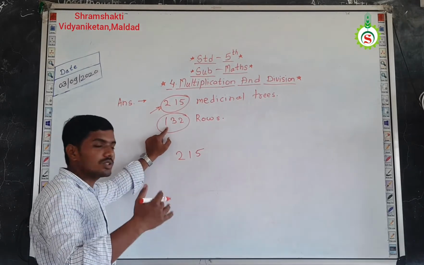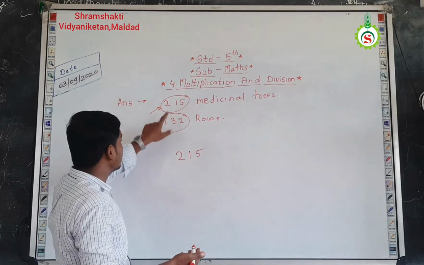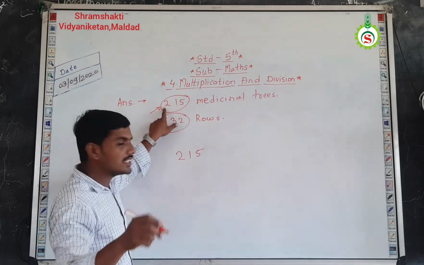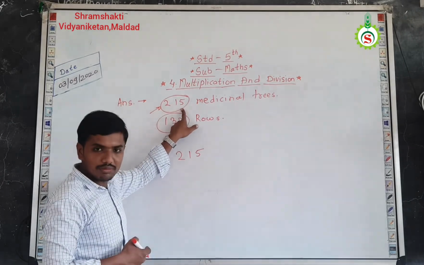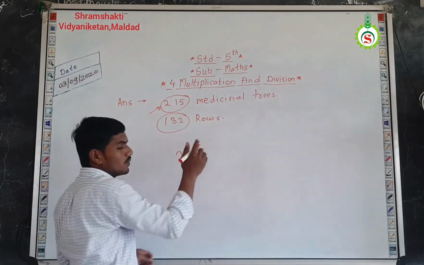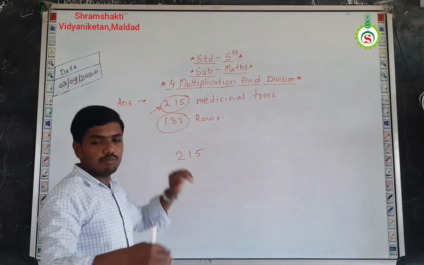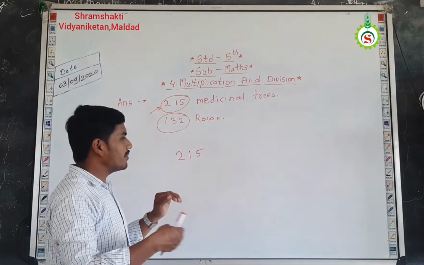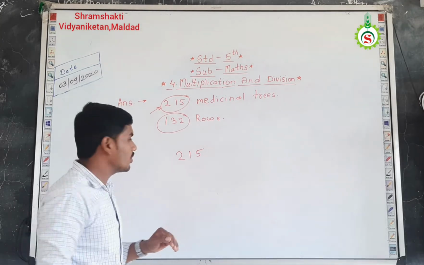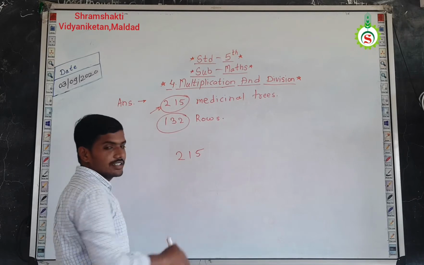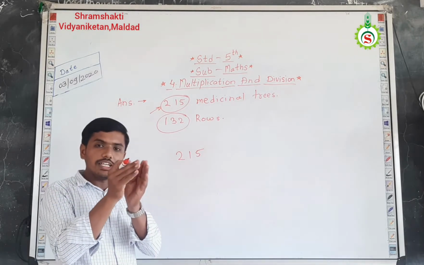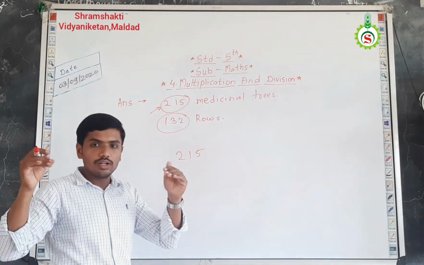So if the rows are greater than 1, and in each row there are the same medicinal trees, that is 250, that means you have to calculate in 132 rows how many medicinal trees were there. So for calculating, I have to calculate in all 132 rows.